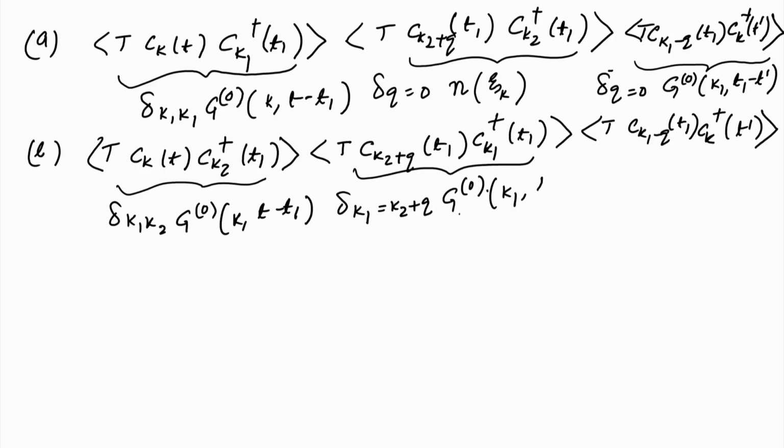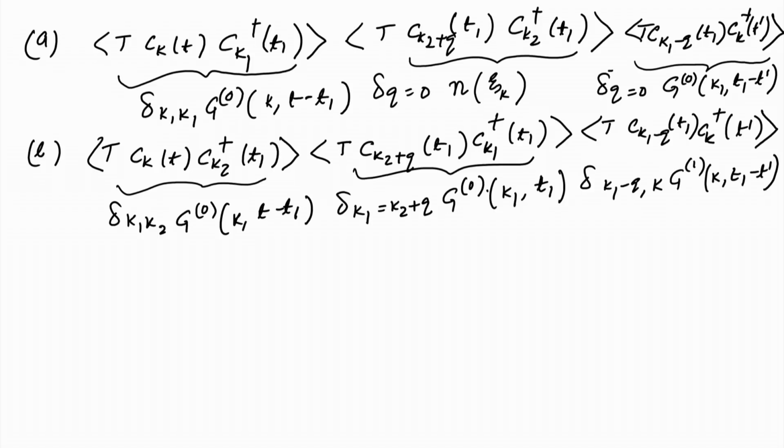So, this will be like G0 of k1, and this will be like a T1, k2 plus q. We will come back to this, and we will have a delta of k1 minus q equal to k, and there is a G0 of k and there is a T1 minus T prime.